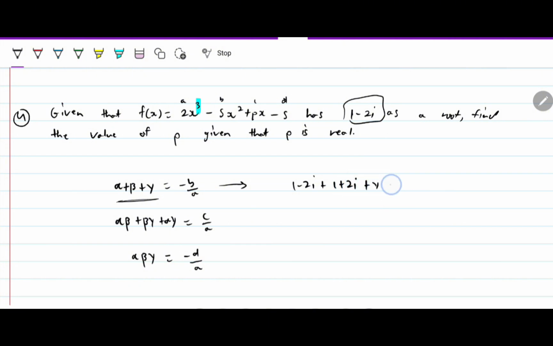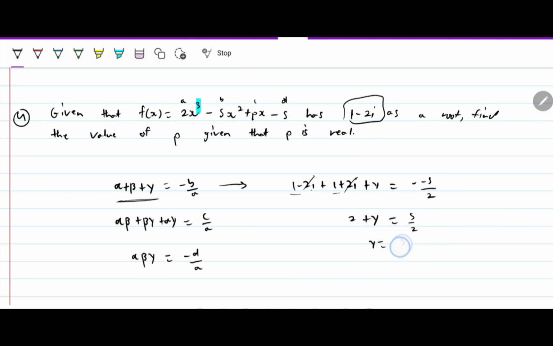So plus gamma is equal to minus b over a, which is, well, in this case, the b is minus 5. So I have minus minus 5 all over a. A is 2, right? So simplifying, minus 2i and 2i gone. 1 plus 1 is 2. 2 plus gamma is equal to 5 over 2, right?